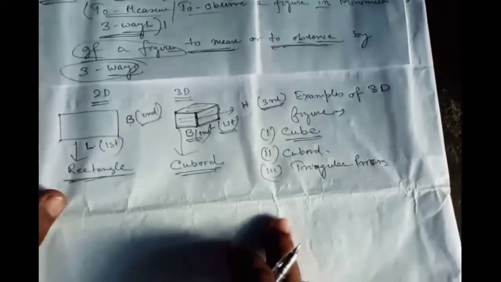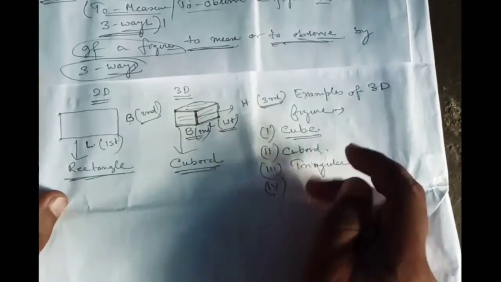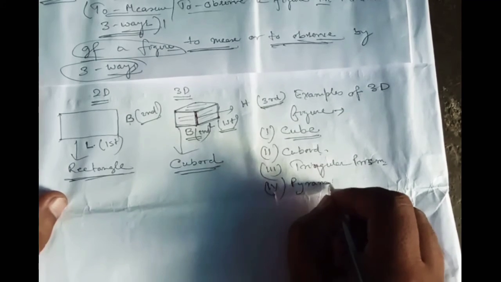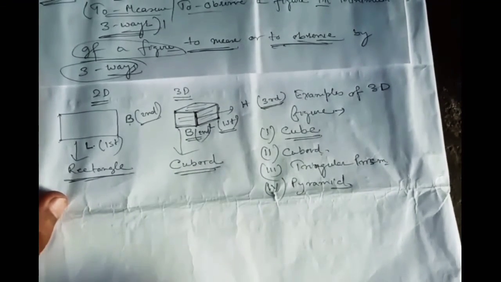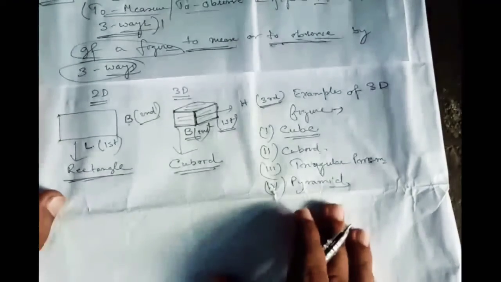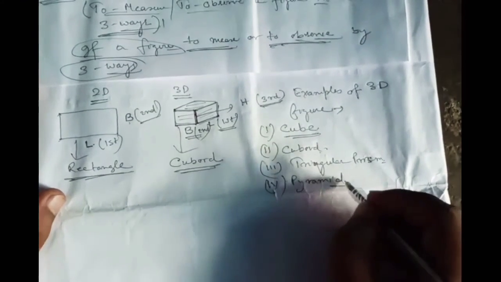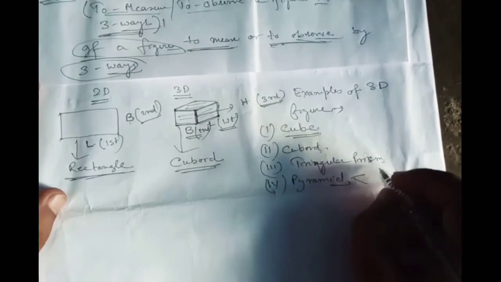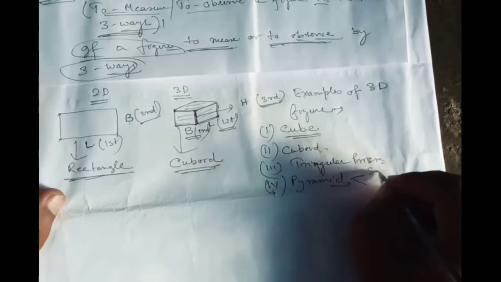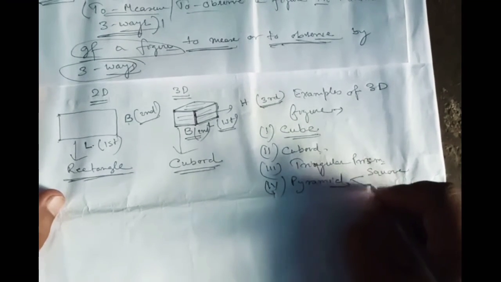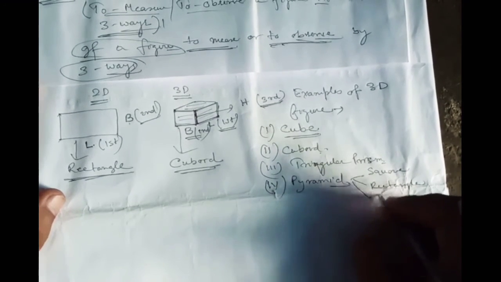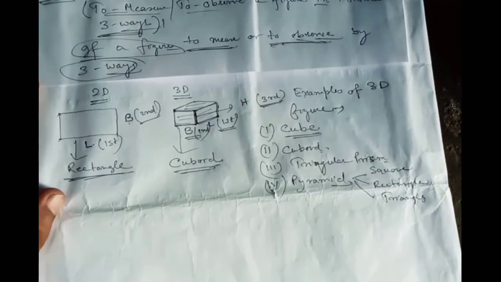Next, pyramid. Pyramid has three types, that is square, rectangle and triangle. Prism is only one type.